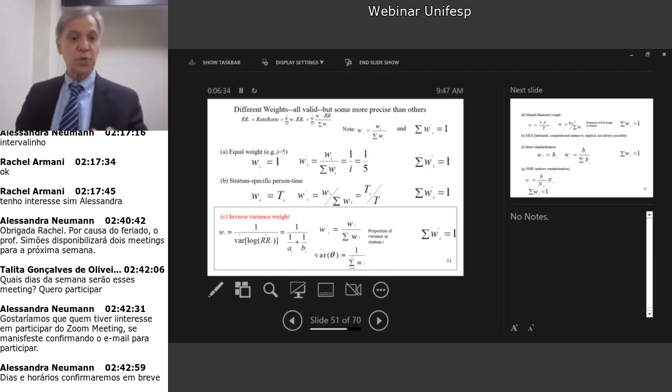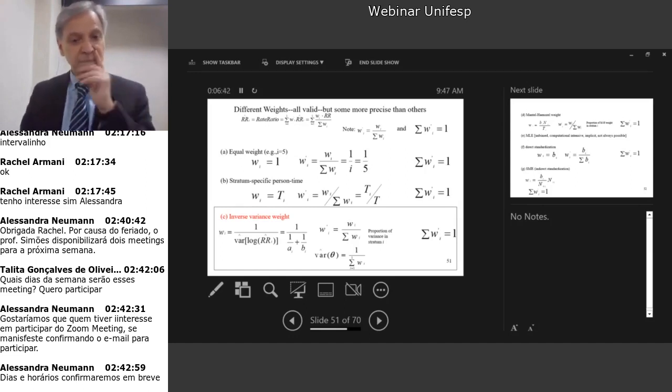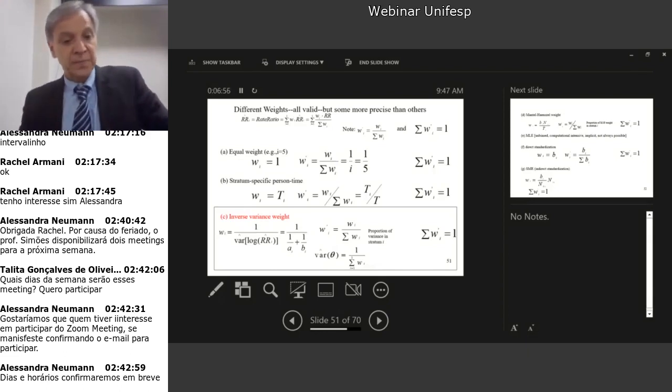Okay, a little bit more on the weights, different weights. Remember the rate ratio, that's the Mantel-Haenszel derivation over on the top there. Okay, the equal weights, the strategy specific. This is really the reason why these things are all related. This is the variance estimation through the Mantel-Haenszel view of a confidence interval for a rate ratio.